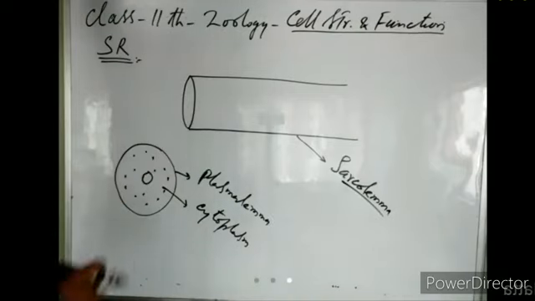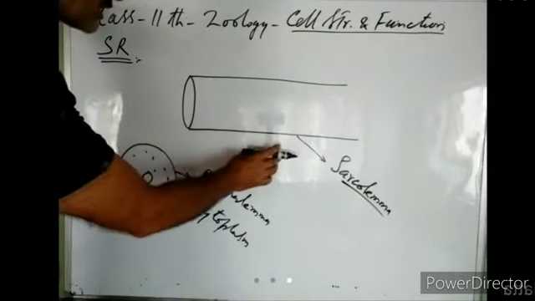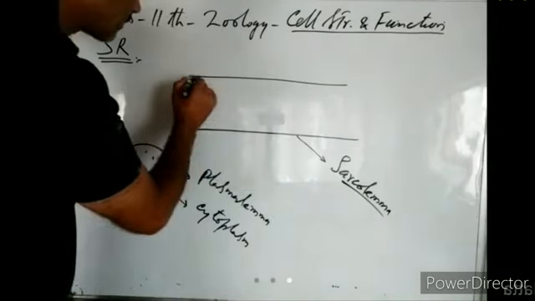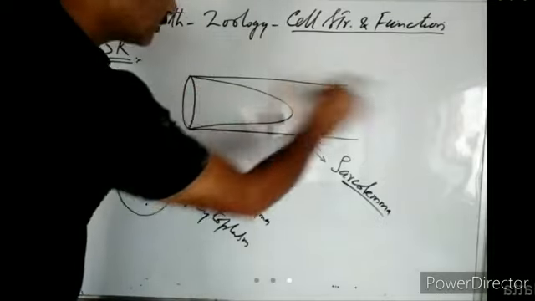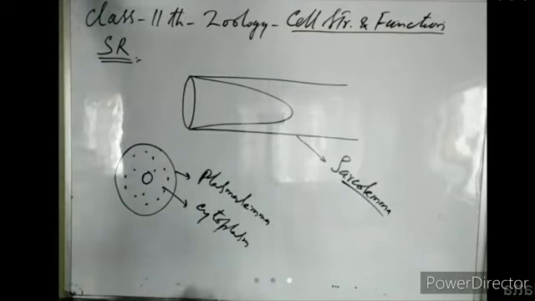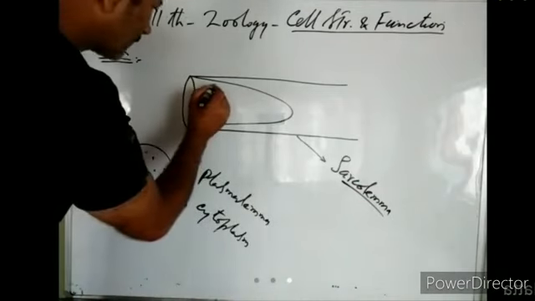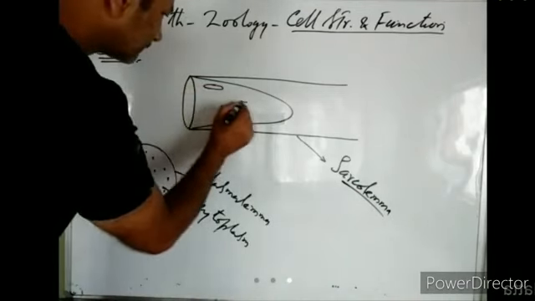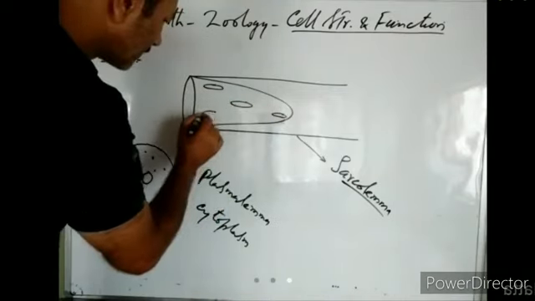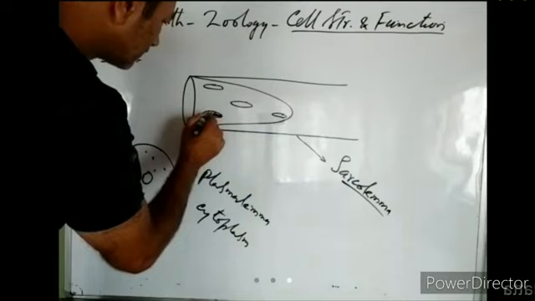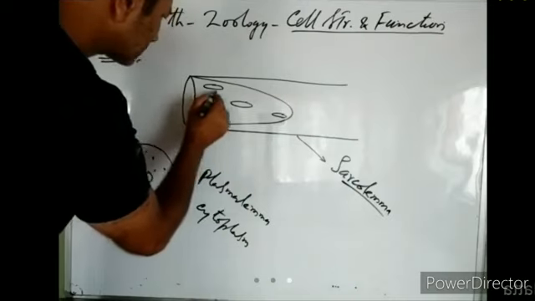But in a muscle cell, if we cut and take out a section of the sarcolemma, just below the sarcolemma we find many nuclei. These skeletal muscle cells are multinucleated.